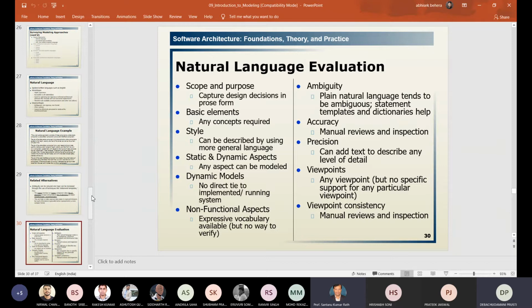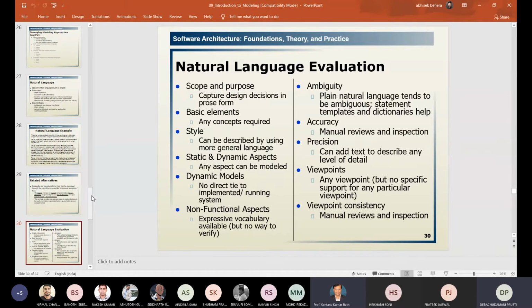Then the dynamic models: no direct way to implement or run them in the system. Then the non-functional aspects: there is an expressive vocabulary available, but no way to verify. Then ambiguity: plain natural language tends to be ambiguous.